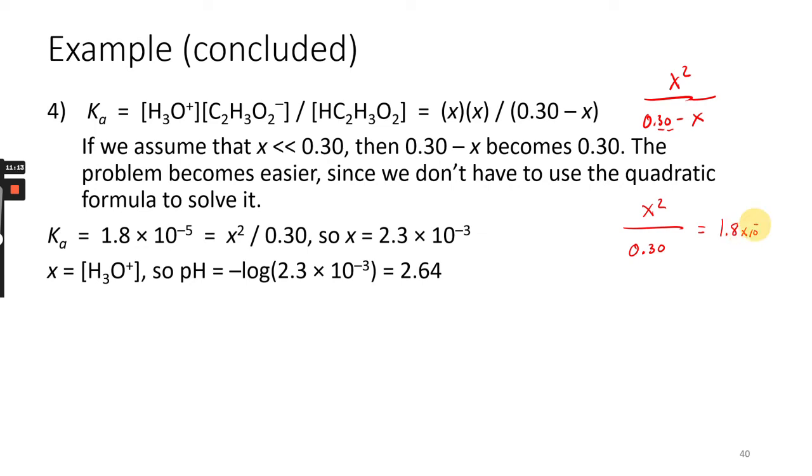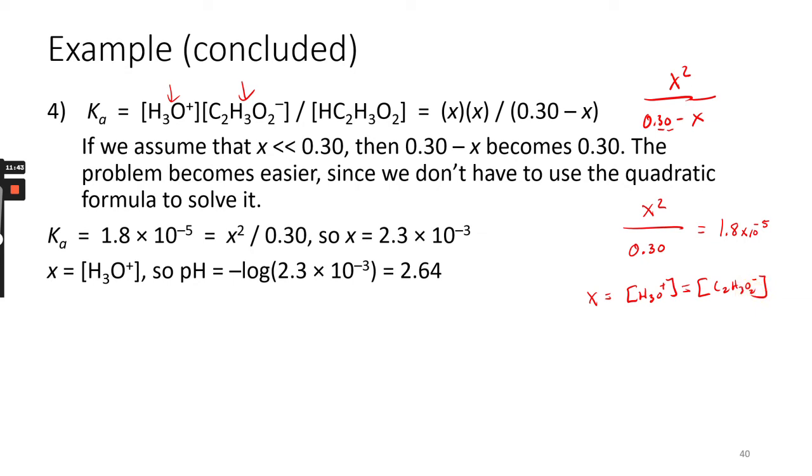Most of these Ka values can be looked up on data tables. Then you can rearrange this and solve for x. Remember what was on top here: it's the concentration of hydronium and acetate. So x will be the concentration of your hydronium, which is also the concentration of your acetate. But we don't really care about the acetate.